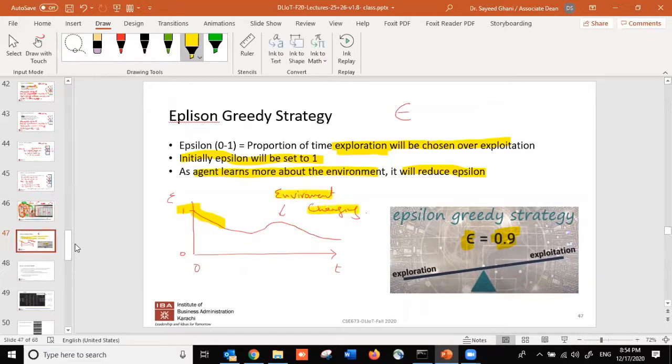Okay, so if an environment changes and all of a sudden you've gone into a region which you haven't explored before, you might want to make the epsilon value go up again. Okay, and you want to start becoming adventurous and start exploring the new territory that you haven't really looked at. Okay, so this is basically the concept of epsilon-greedy strategy, and this is used as part of the Q-learning phenomena.